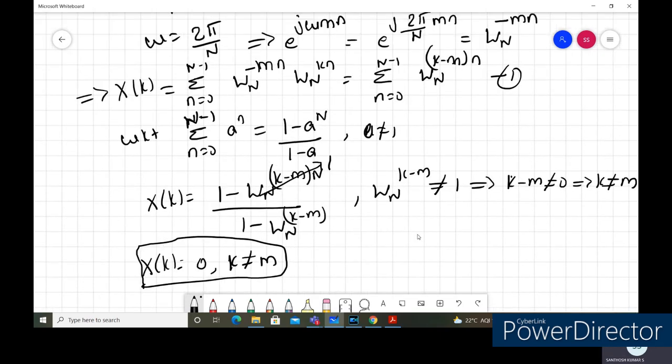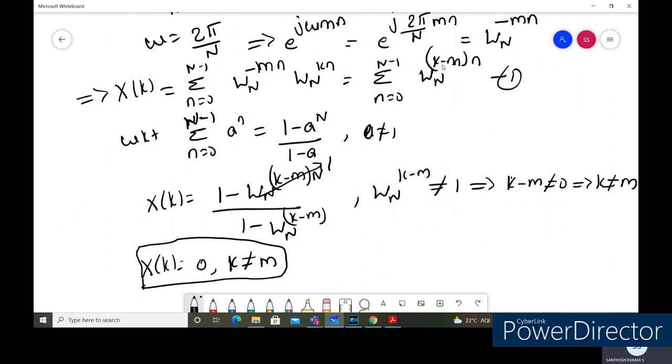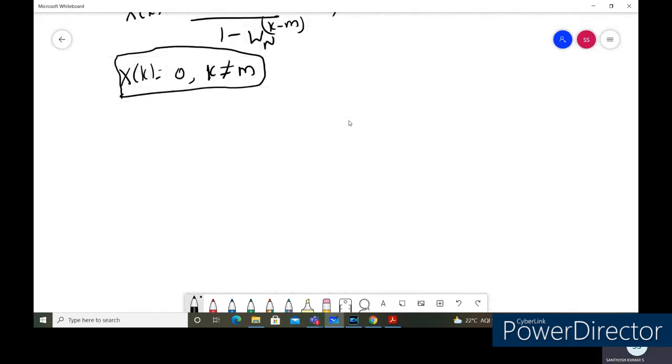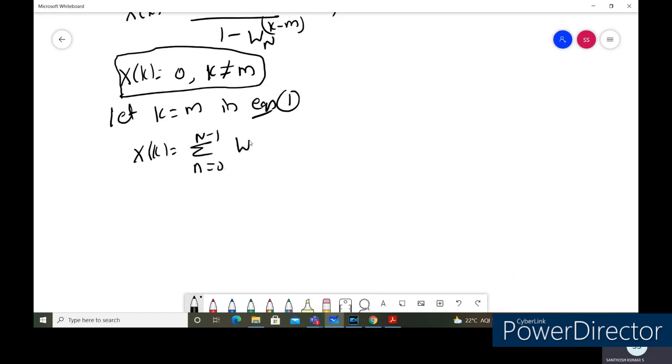Now in equation 1, let us substitute k equal to m and find out the value here. So if I substitute k equal to m in equation 1, X of k will become equal to the summation n equal to 0 to N minus 1, and it will become omega to the power of 0.